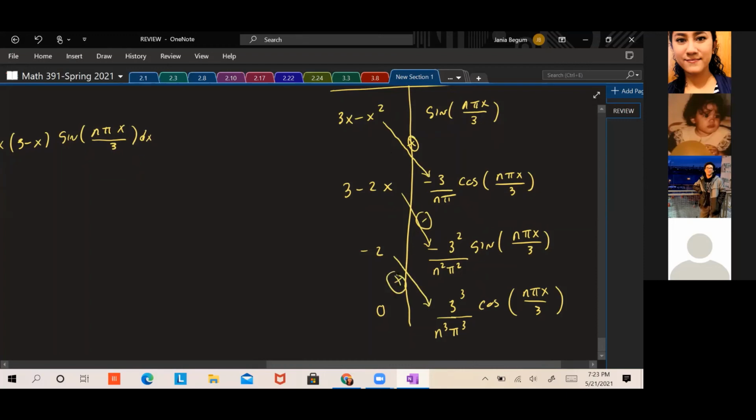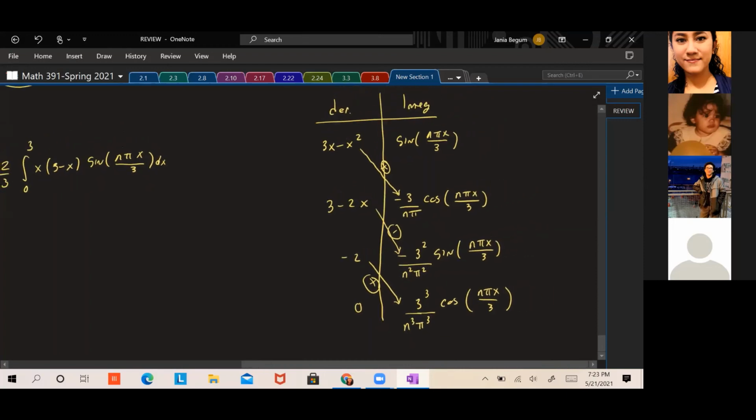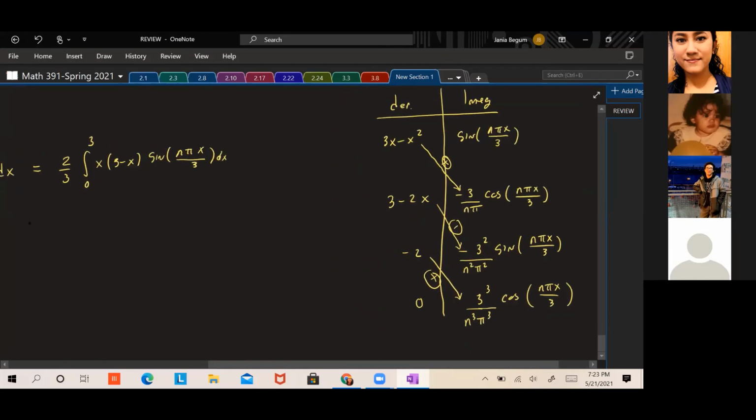Okay, now let's write this out. The integral of this function is going to be 2 over 3 in the front, and then we get the integration and the differentiation from the right side. So we have negative 3 over n pi times (3x minus x squared) cosine(n pi x over 3).